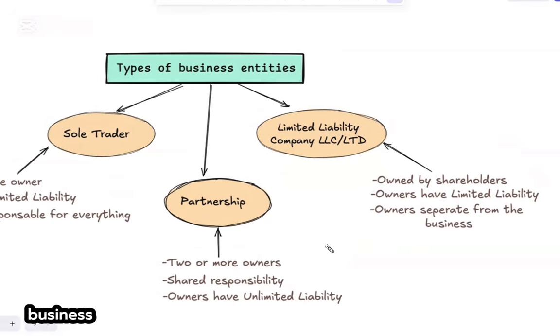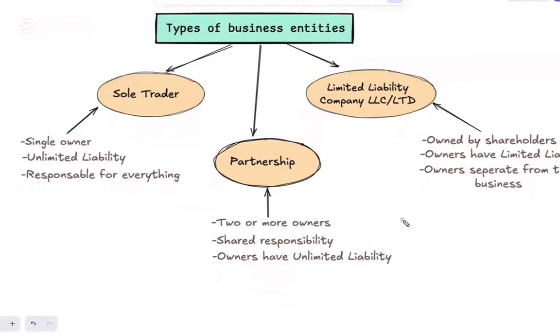In this type of business, the owners have limited liability. This means they are only responsible for the amount they invest, and the owners are legally separate from the business, so their personal assets are protected. They only care about the money that they invested in the company.